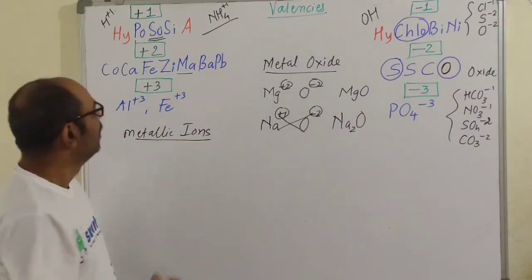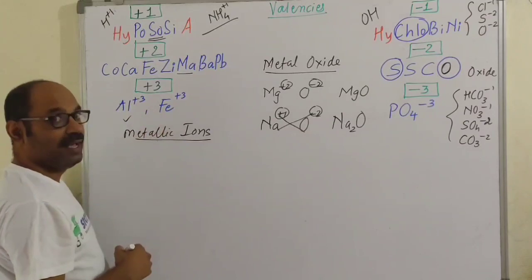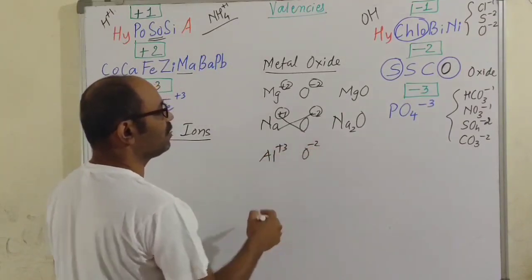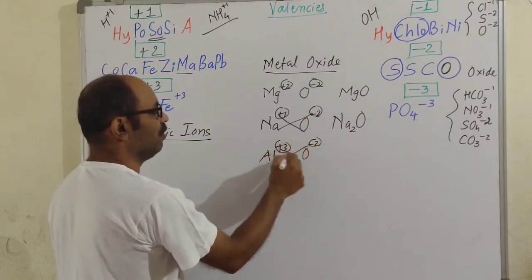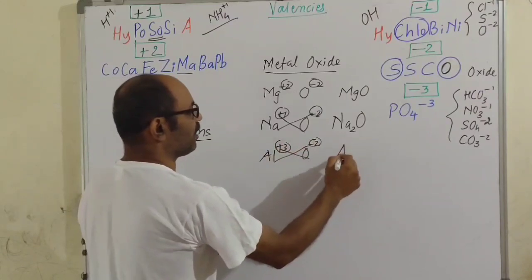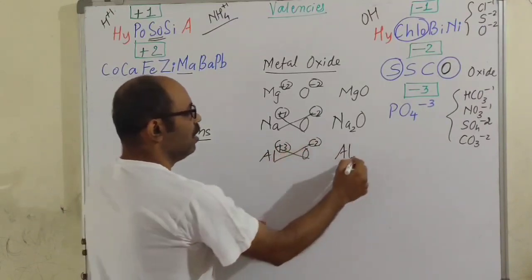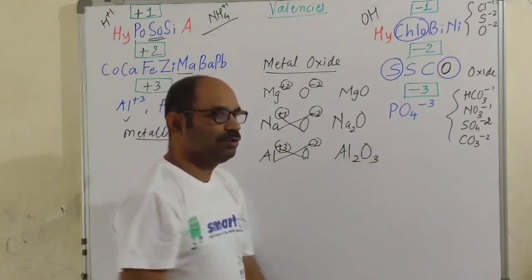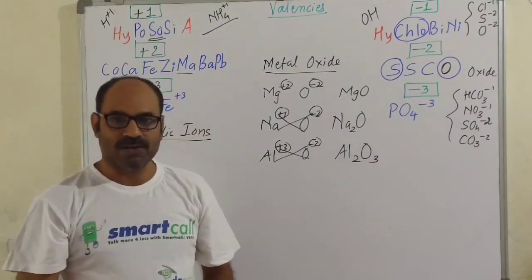Are you getting me? चलिए. Aluminium ले लेते हैं. Al plus 3. Oxide O minus 2. Valences are not equal, so you will have to cross it and write them as subscripts. What will be the subscript of Al? 2. And what will be the subscript of O? 3. Al2O3. This is aluminium oxide.